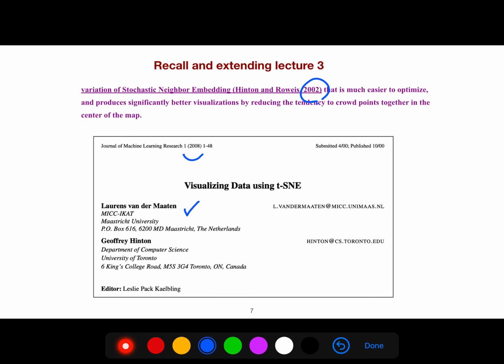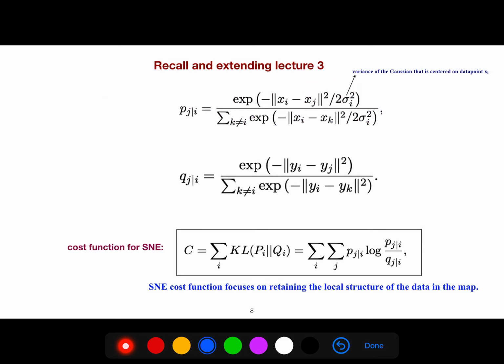Then in 2008, they continued, and it is just saying the probability of picking j given i, or the probability of picking j given i in the transformed space. This space is maybe 2-dimensional or 3-dimensional, but the original space is huge, for example, 20,000 dimensions, 20,000 genes, or 20,000 movies. And the cost function for SNE is just the KL divergence between any of these.